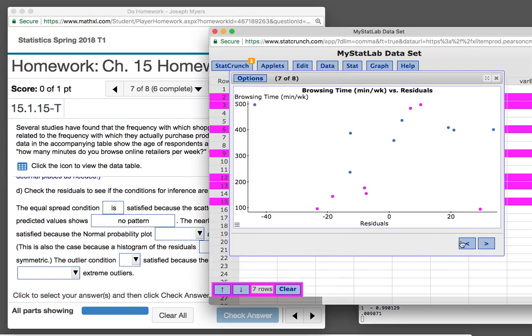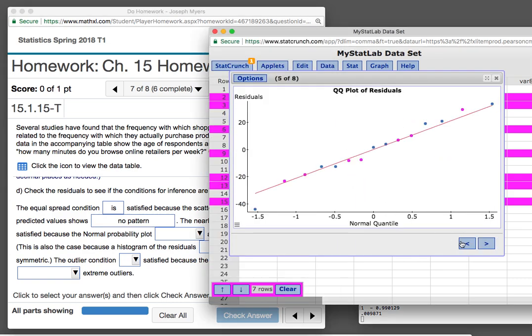Then let's look at the normal probability plot. That's also called the QQ plot. So this plot looks somewhat curved a little bit, especially at this point right there.